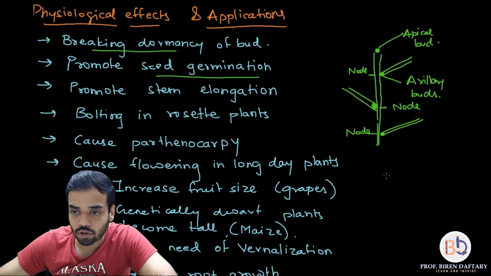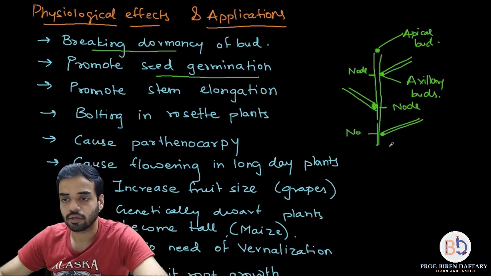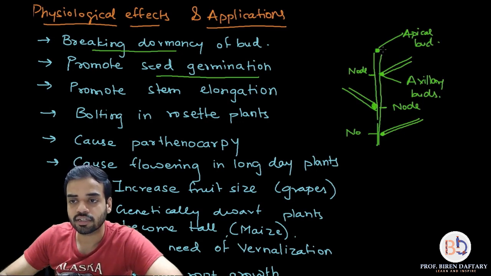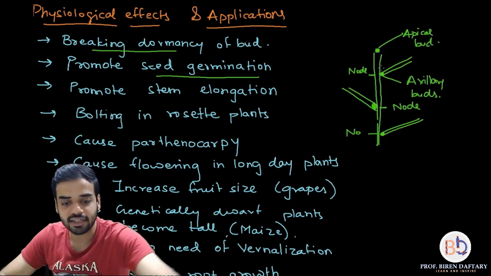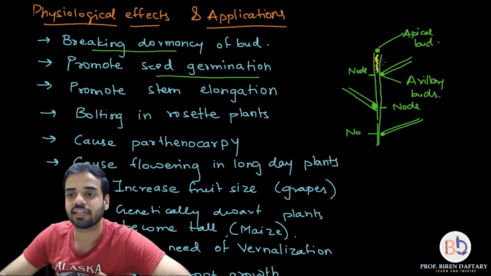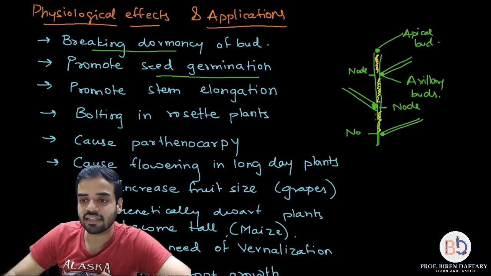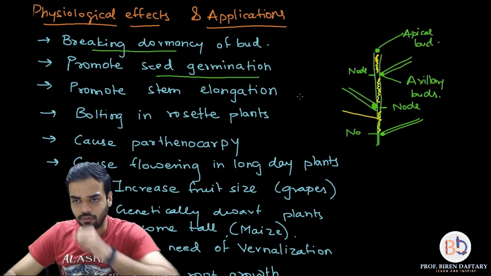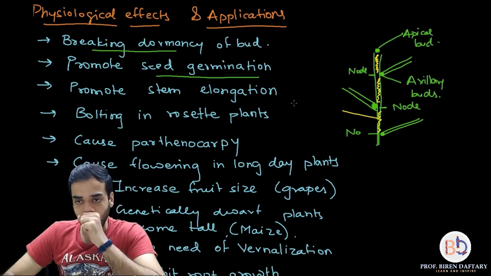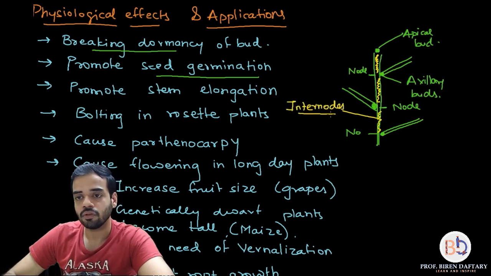So if you see over here, these nodes are present and the area between the nodes, I will just shade them. This yellow colored area which I am shading is the area between these two nodes. Similarly, this is the area between these two nodes. These areas are called internodes.